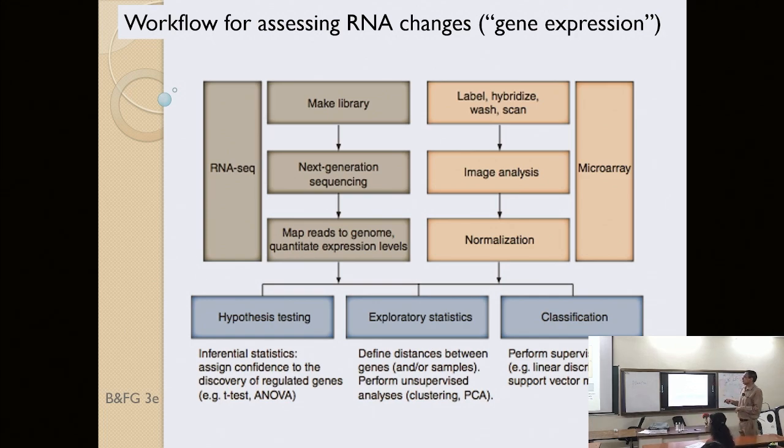Reads are mapped onto the genome, and then the expression level is quantified. So the more abundant the RNA transcript, the more the gene expression. Less abundance, less expression. When a gene expresses, it makes RNA transcripts. So more expressing, it will produce more RNA transcripts.